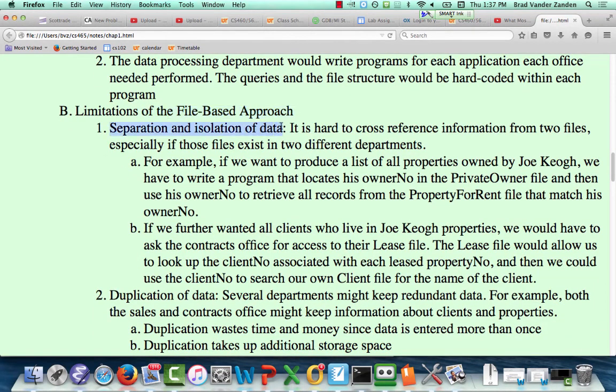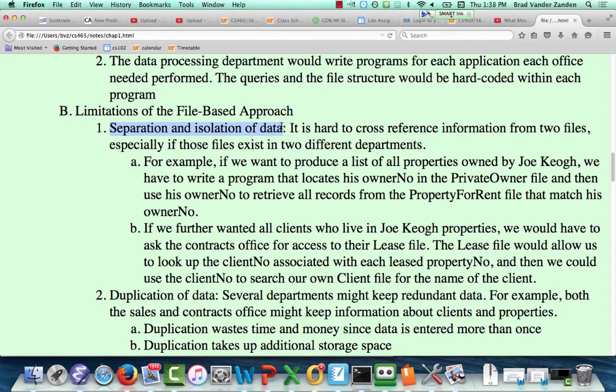First is the fact that the data is separated and isolated, and you can't cross-reference the information from different files. So for example, if I want to produce a list of all properties owned by, say, Joe Keogh, and we want to know which of his properties are leased, then we really need to cross-reference information between the lease department and the owner department.